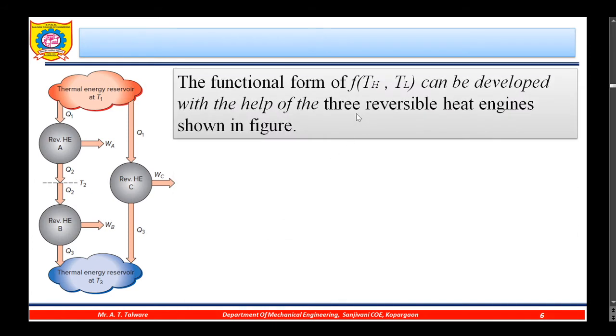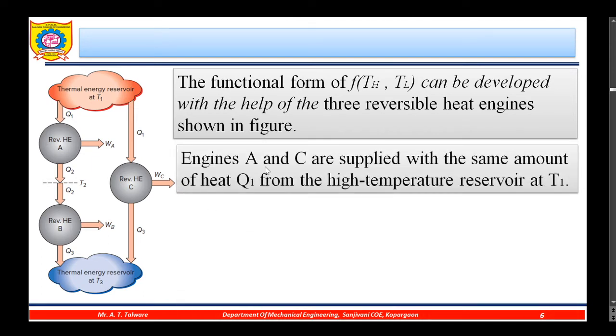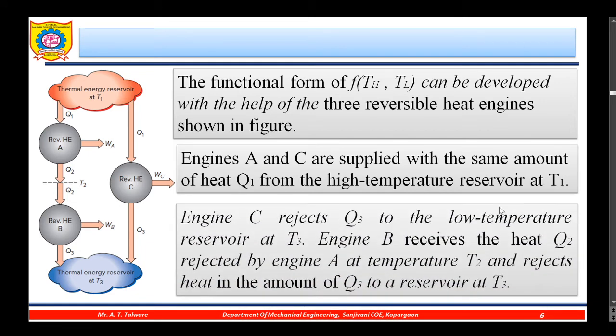The functional form of f of TH and TL can be developed with the help of the three reversible heat engines shown in the figure. Engine A and engine C are supplied with the same amount of heat Q1 from the high temperature reservoir at T1.